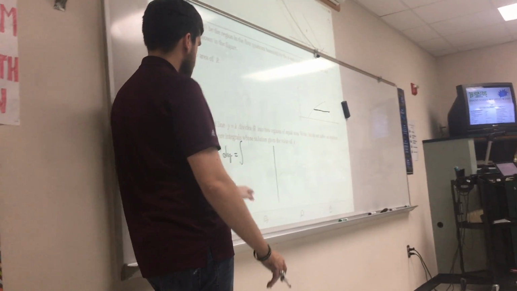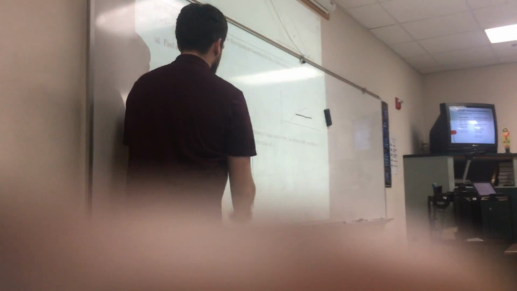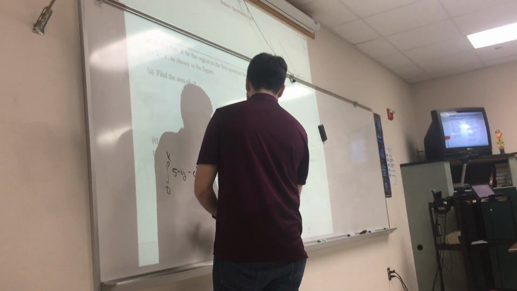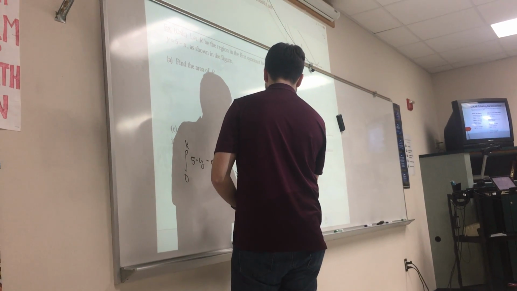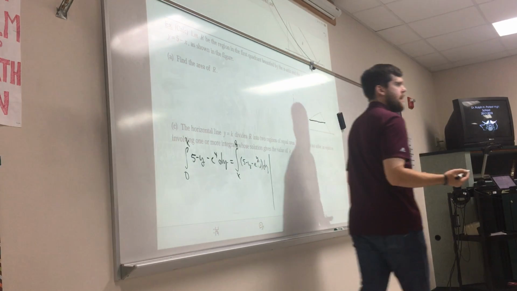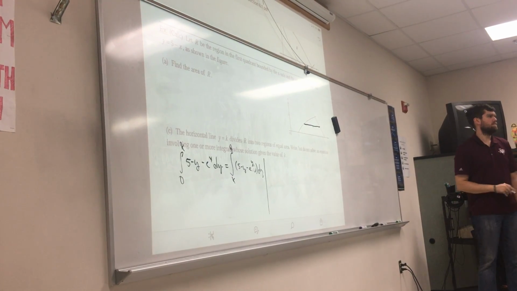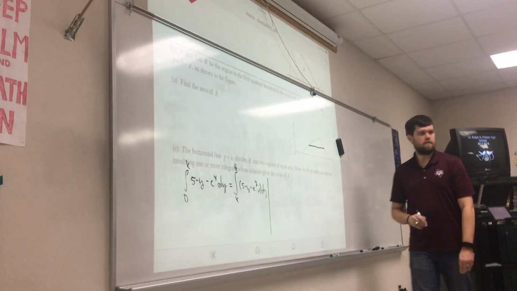Okay, and then I want this integral to be from what to what? From k to a of the same thing, right? Still 5 minus y minus e to the y dy. Okay, and it says to write but do not solve, right? So we wrote an equation. You don't have to solve it. You just write it.